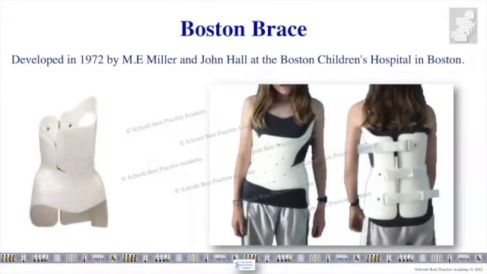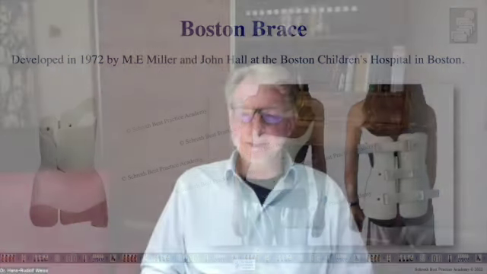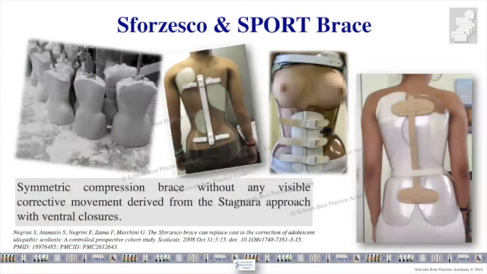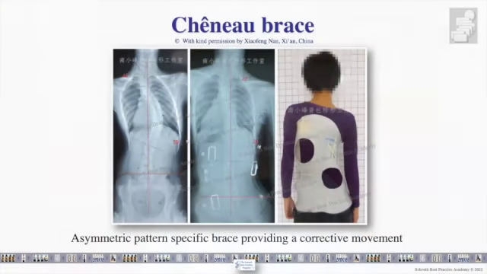The Boston brace today still is used in many countries worldwide. These are symmetric compression braces without any visible corrective movement derived from the Stagnara or Lyonnaise approach. The Chêneau brace is an asymmetric pattern-specific brace providing a corrective movement.